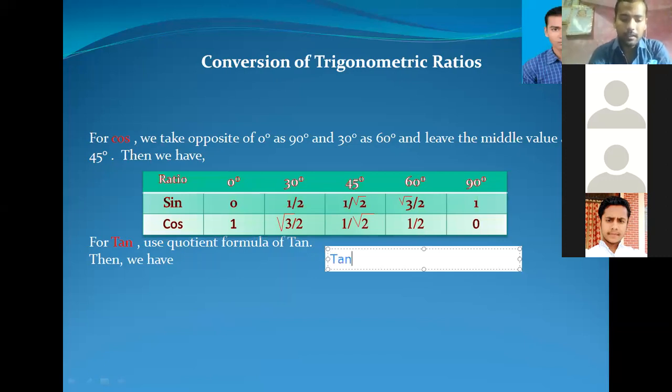Tan A is equal to sin A by cos A. Have you remembered the formula or not? Yes, sir. So after finding sin and cos, you can apply this one.